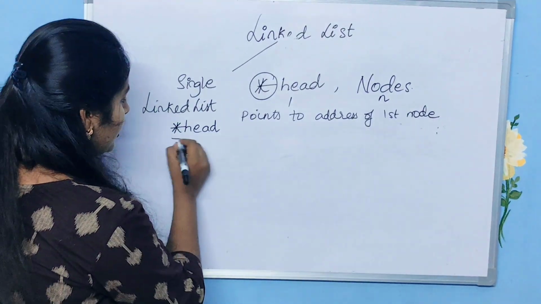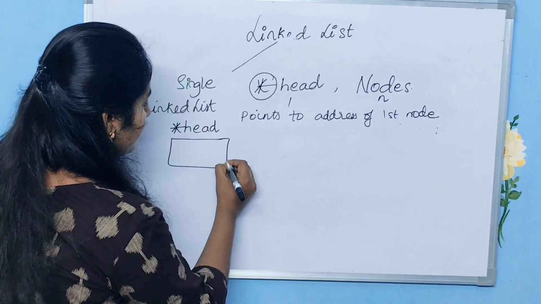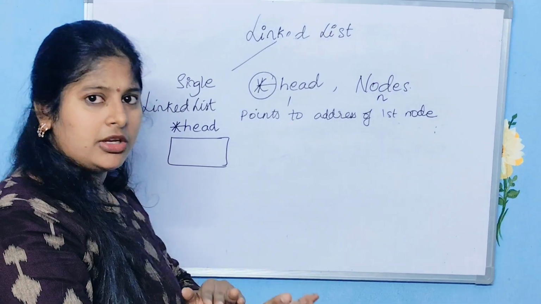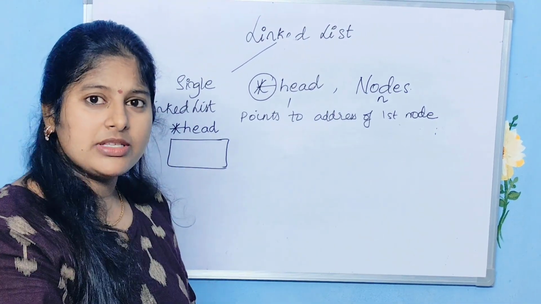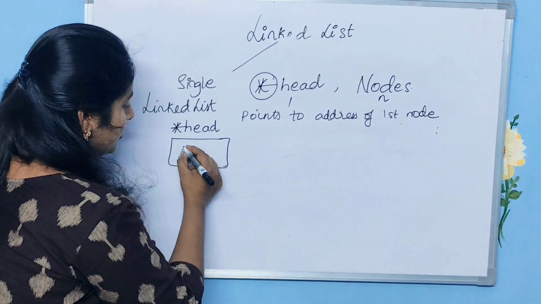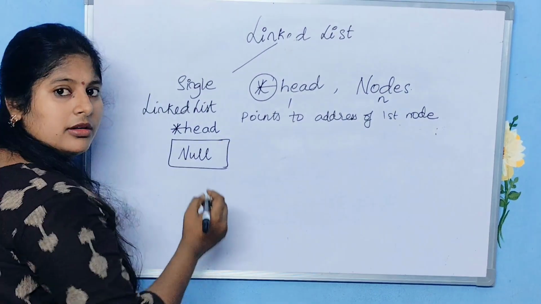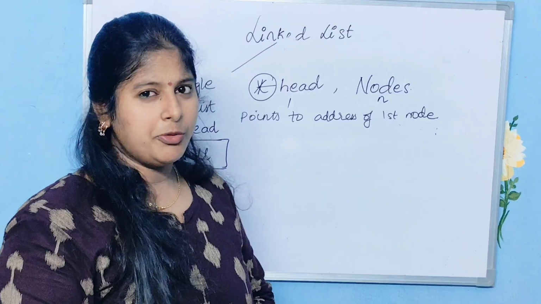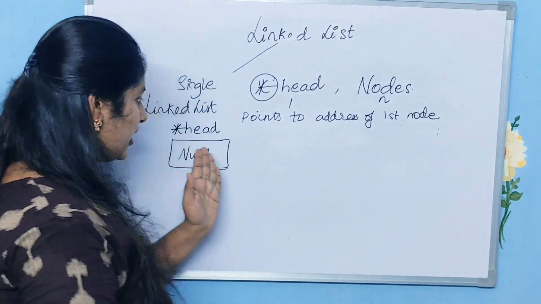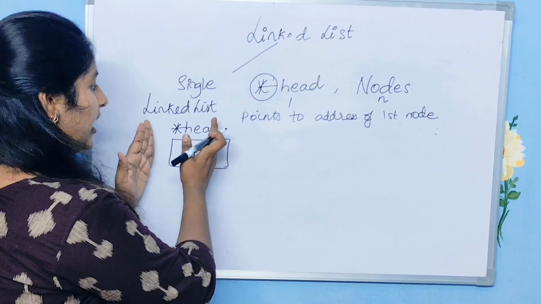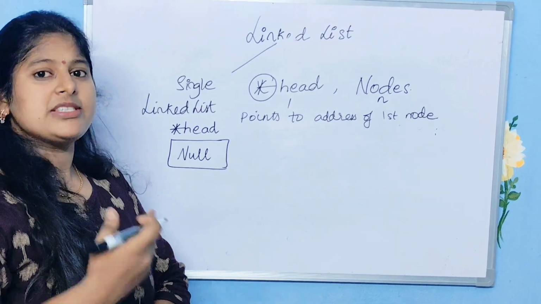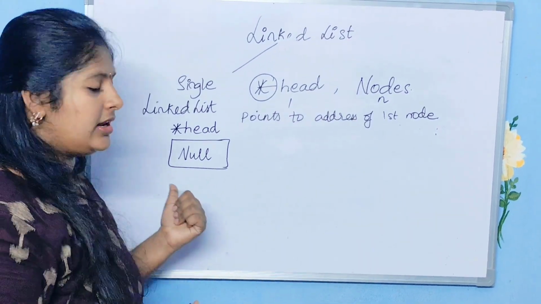Say for example, this is my head. Did I start writing any nodes? Are there any nodes in the list? No. So in case there are no elements in the list, the head pointer is assigned null. I hope you have understood.